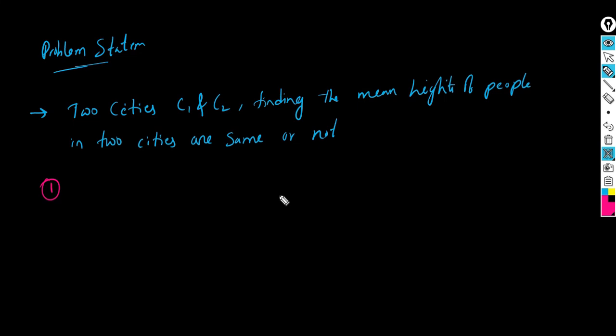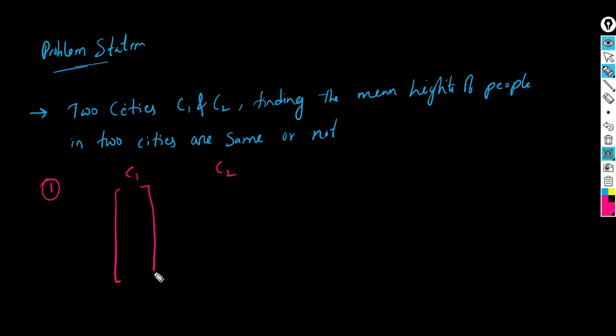As the first thing we have to get the data. For that we have to consider sample data, because it is difficult to get the whole population data. That's why we are going to use sample data. Let us consider C1 is the sample data from city 1 and C2 is the sample data from city 2.